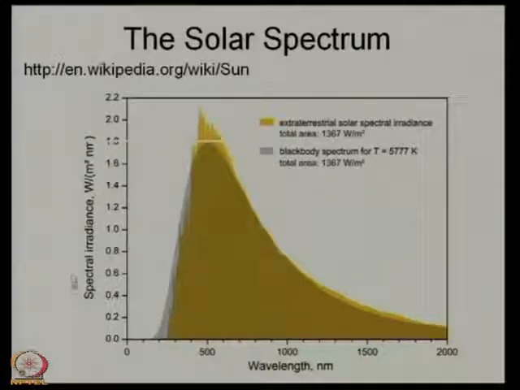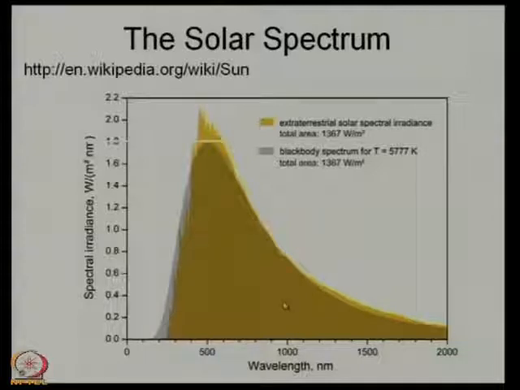The peak is around yellow, which is why the sun appears yellow. The sunlight appears yellow to our eye. This is because the black body radiation and also the solar spectrum both peak somewhere around yellow, around 5000 angstroms or so.